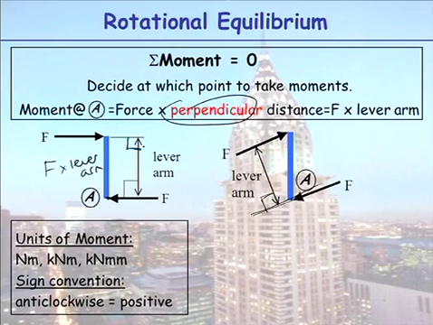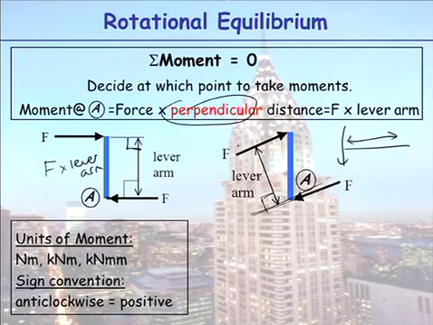The distance we're talking about forms a right-angled triangle to the moment. If your force is horizontal, your distance is vertical. If your force is vertical, then your distance is horizontal. So remember that. It's a combination of horizontal, vertical, or just perpendicular if your force is at an angle. We'll look at this in more detail.